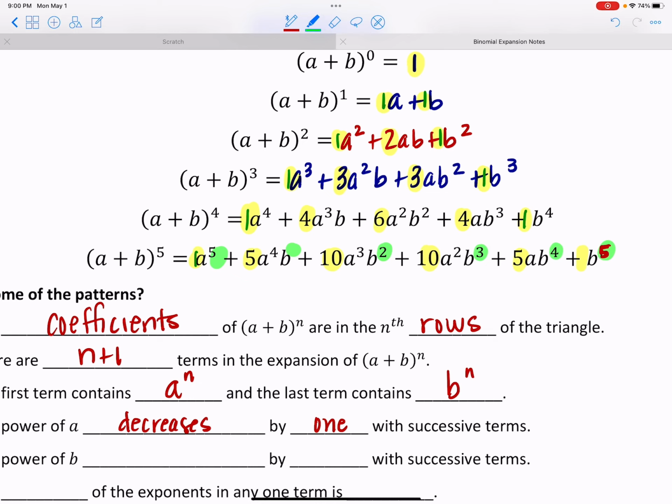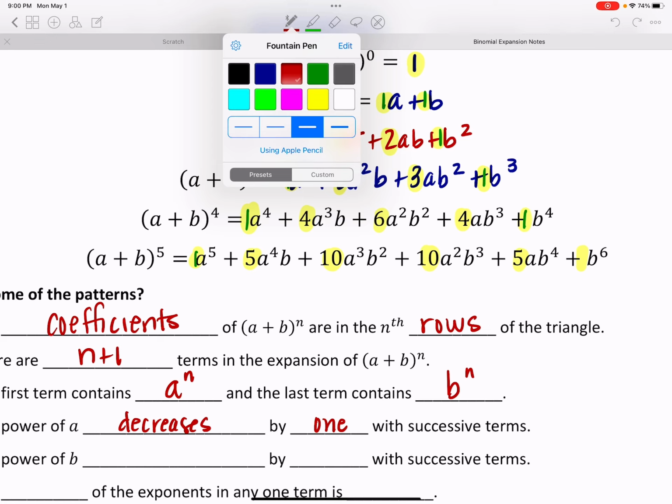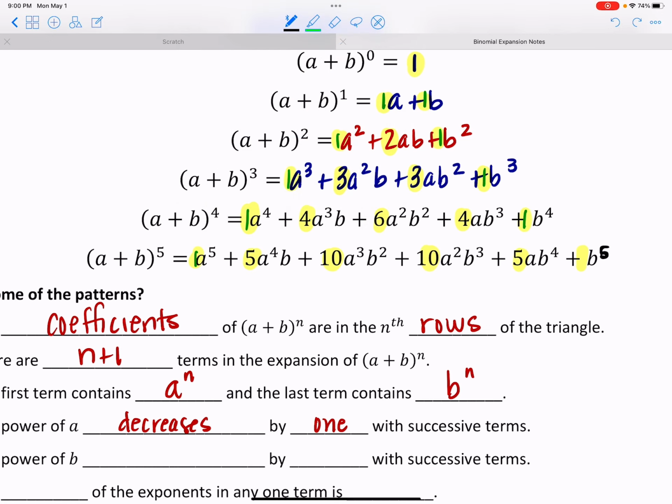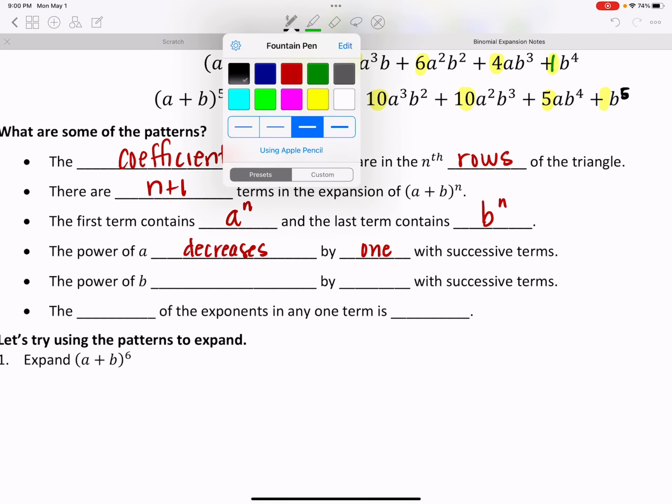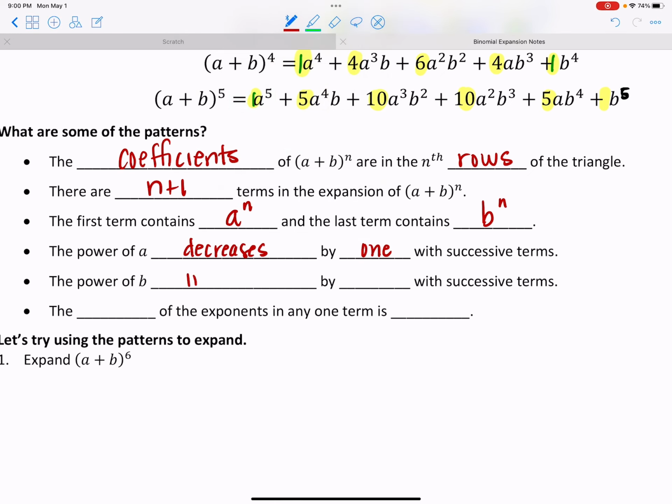So b starts at 0, and then it's 1, 2, 3, 4, and ends at 5. So they're working in opposites there. And let me just fix this again. My apologies for the typo, but that should definitely be b to the fifth. Okay, so while a is decreasing, the power of b increases by 1 with each successive term.